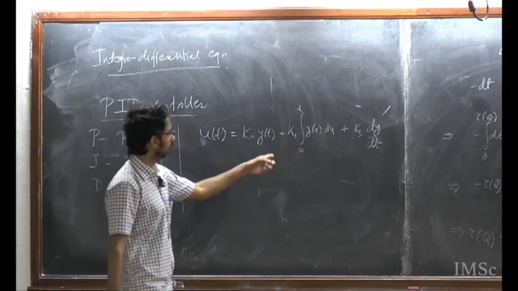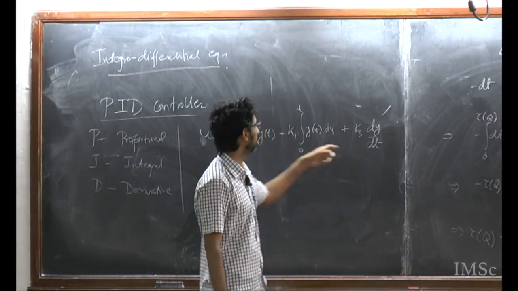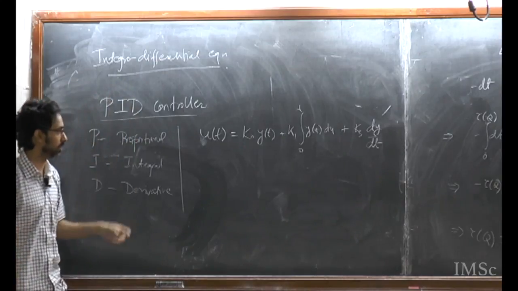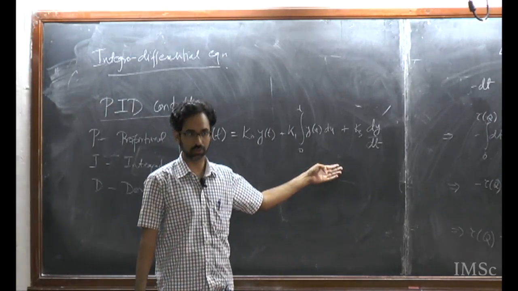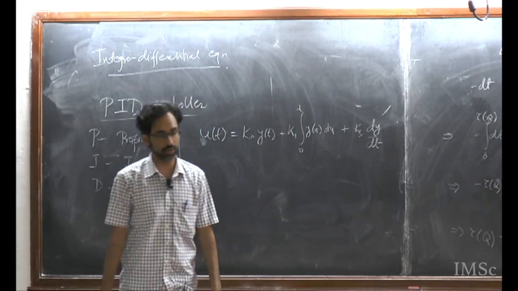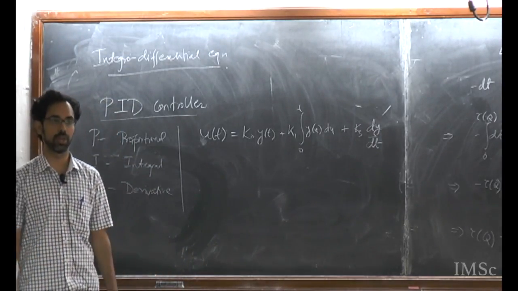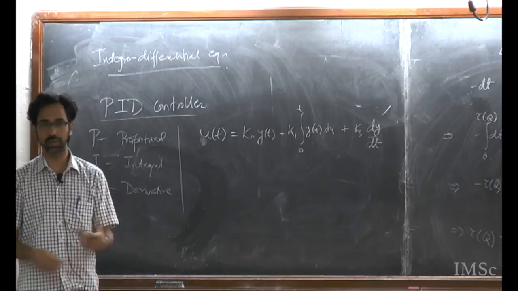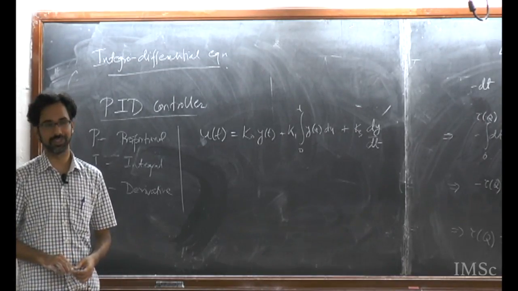So this equation has an integral and also a derivative. That's why it's called an integral differential equation. And as you can see, this is very much susceptible to Laplace transforms because you have a 0 to t integral. In fact, all of the analysis of PID controllers rests on Laplace transforms. So the next time you're flying on a plane, you can thank the Laplace transform for being safe.